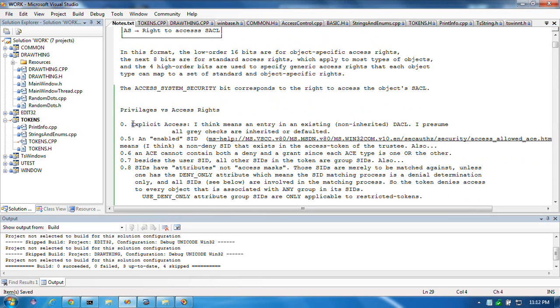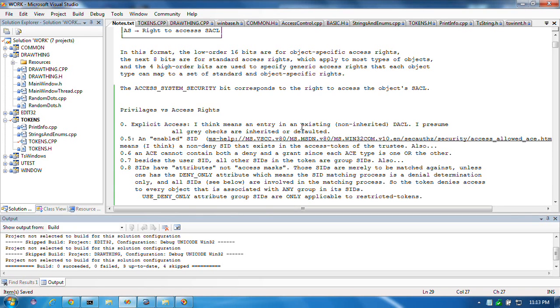I think I understand what explicit access means now. The ones that come out with the dark check marks are ones that were added to a list explicitly for that particular object, right?